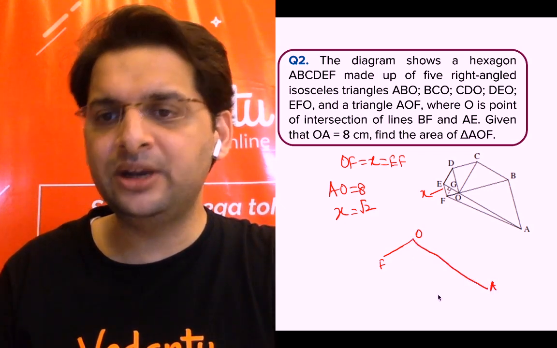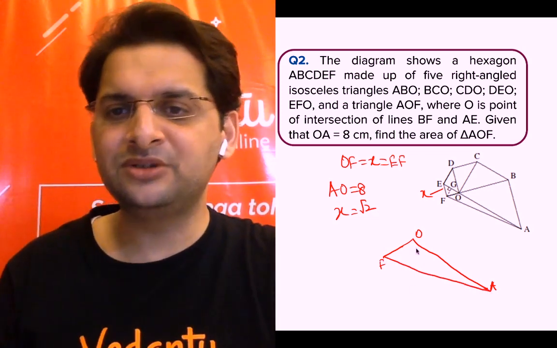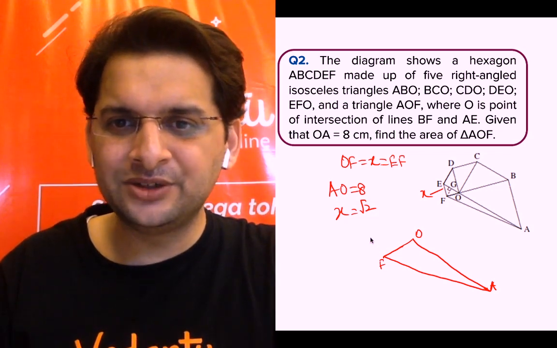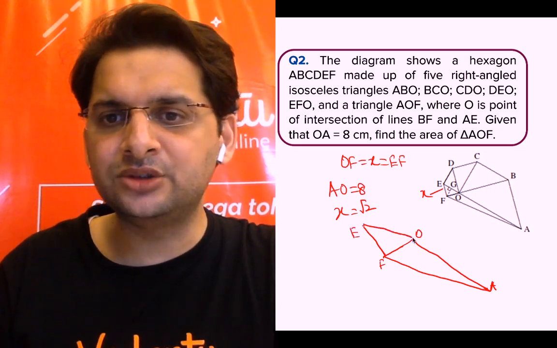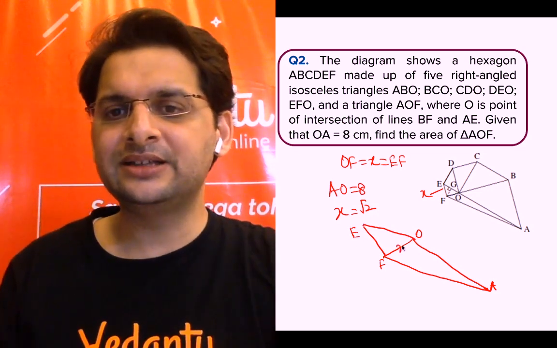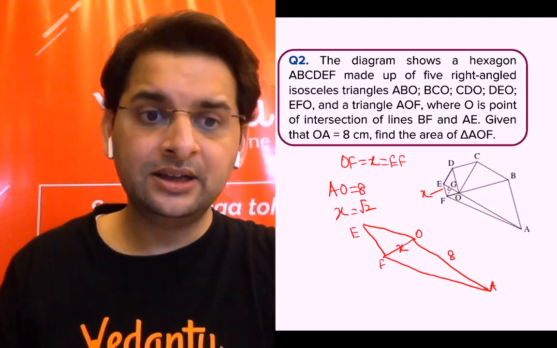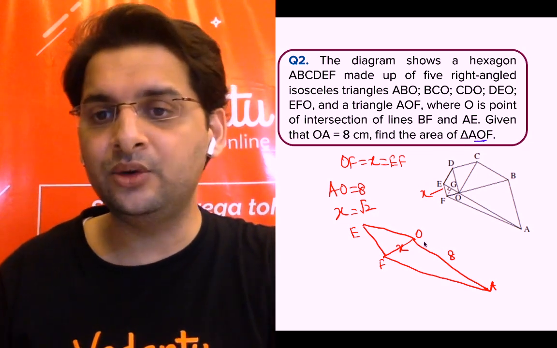Here there is some point A. This is the triangle. Okay? Please don't mind my drawing. Right? Okay. So, this is a right angle triangle. So, this is point E, and EO is joined. And this is x, and we know the value of x. We also know AO. The idea is we need to find the area of triangle AOF.